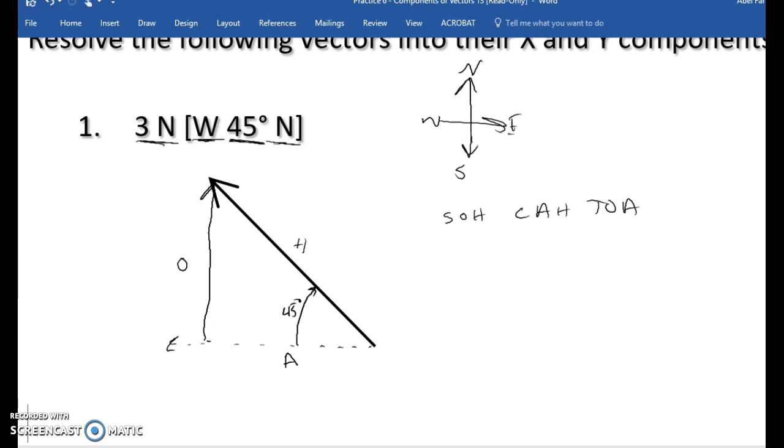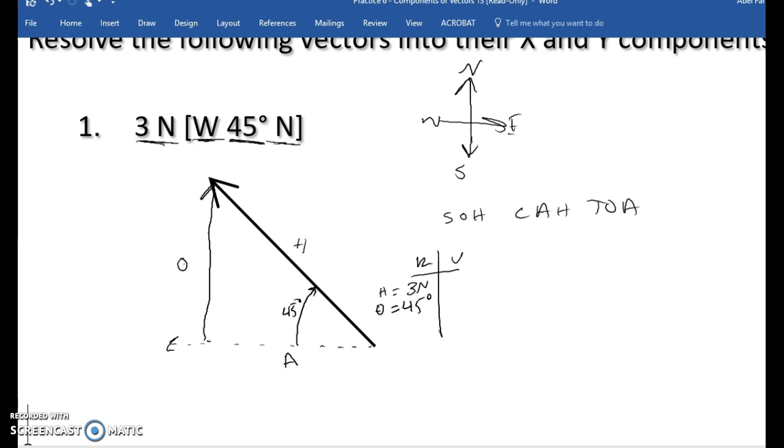So here, if we want to find the opposite leg, we're going to use sine. So just making a list of our knowns and unknowns. Okay, we know our hypotenuse for this is 3 newtons. The other thing we know is that our theta, our angle, is 45 degrees.